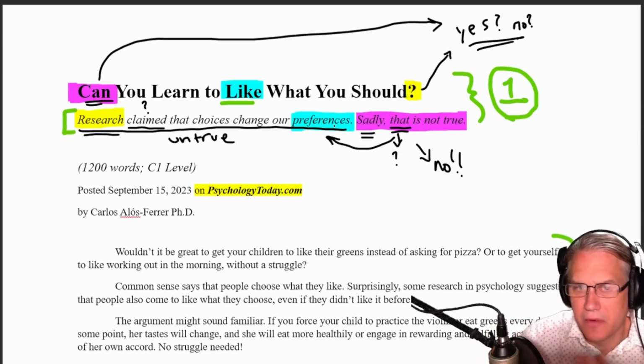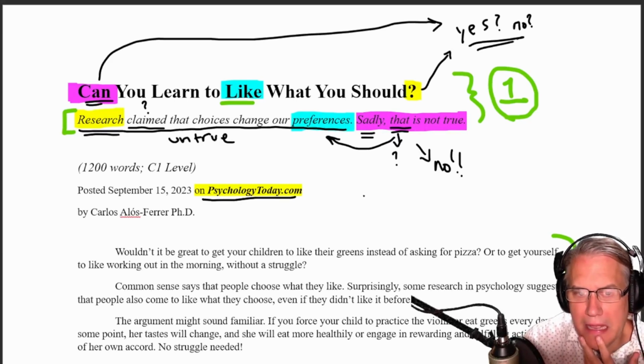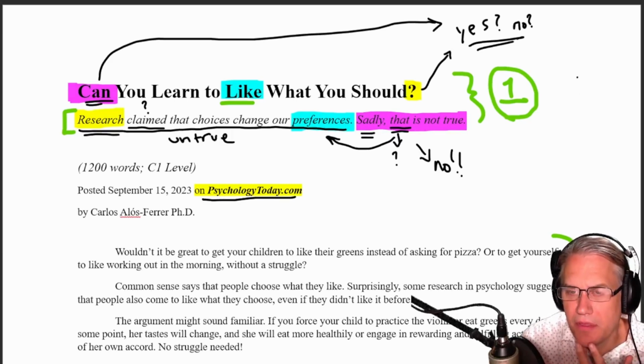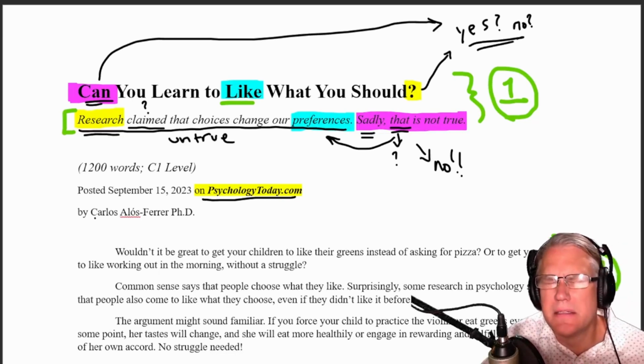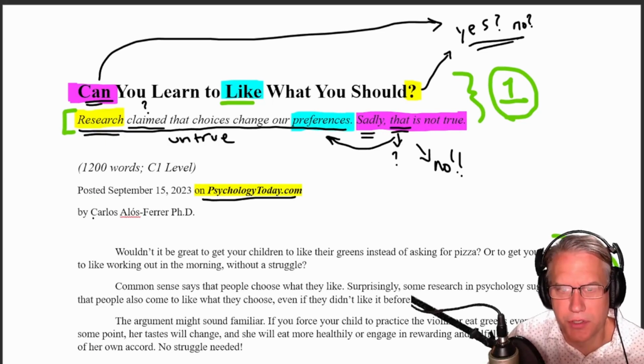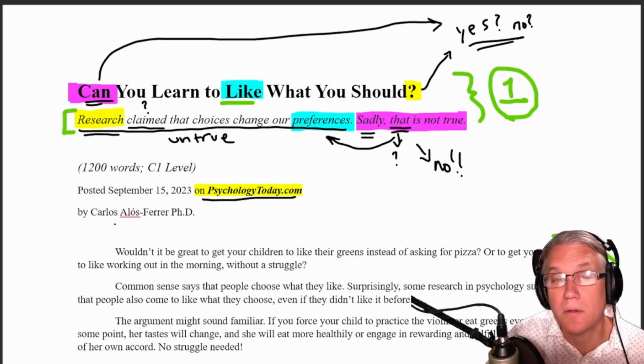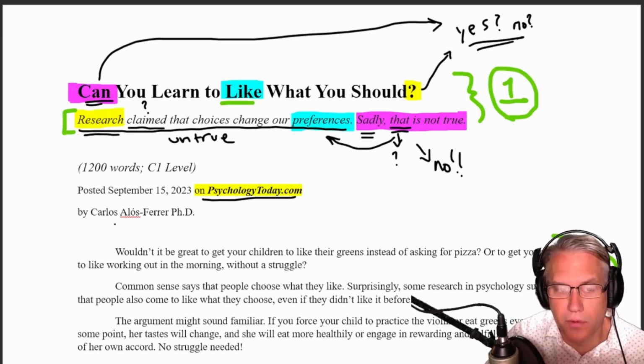So again, we're talking about psychology. And it seems that our author is disagreeing with former or prior research.